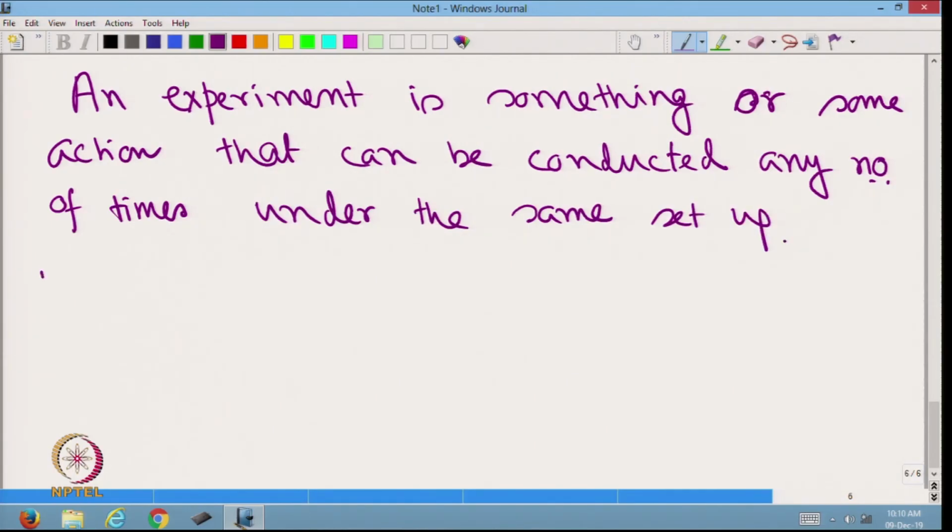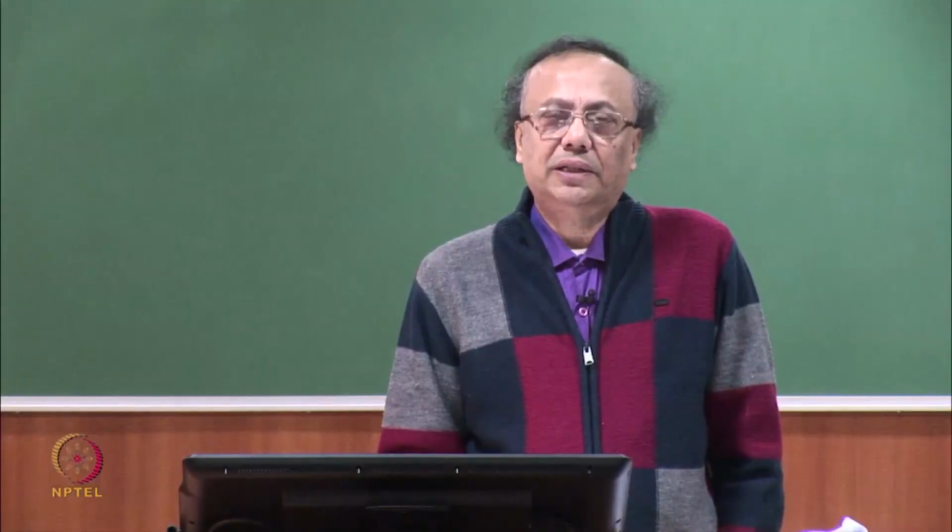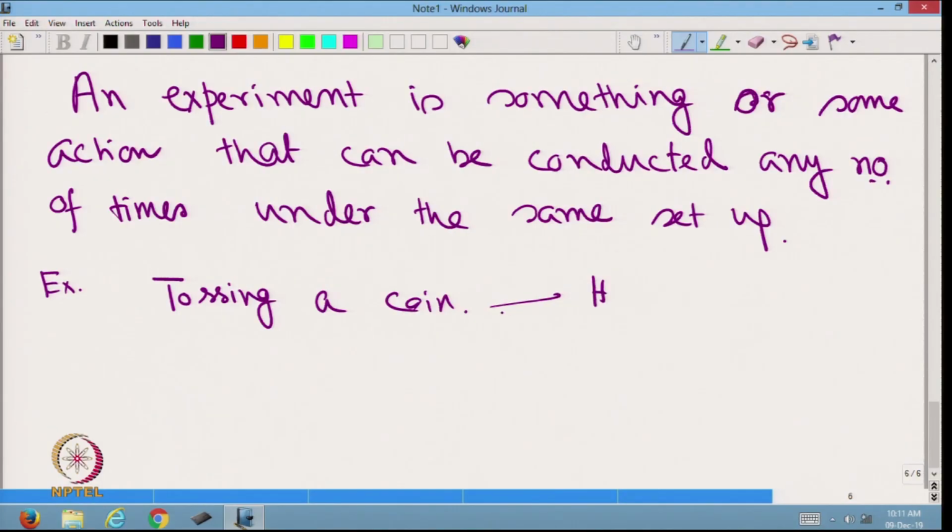For example, the simplest one is tossing a coin. If you have a coin, you can toss it any arbitrary number of times and you can get the output to be head or tail.